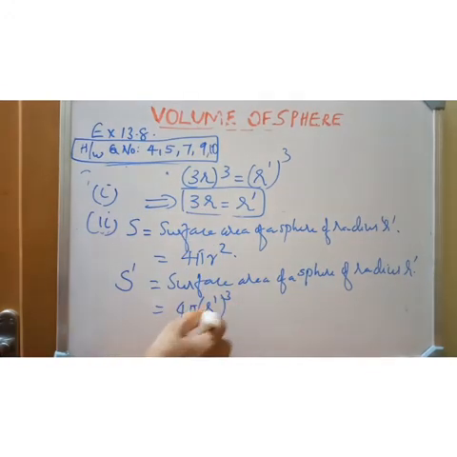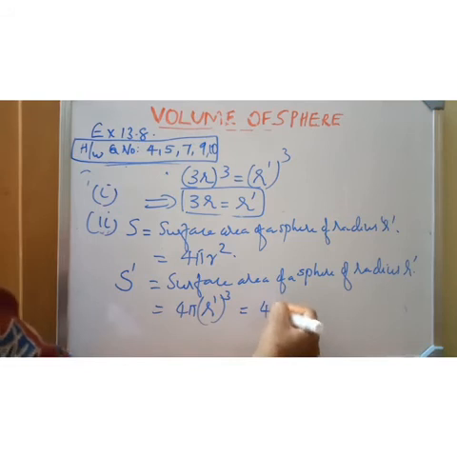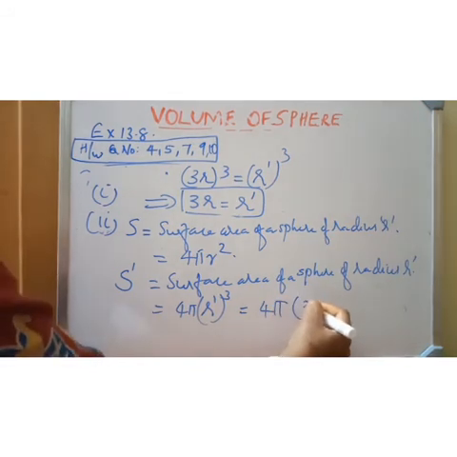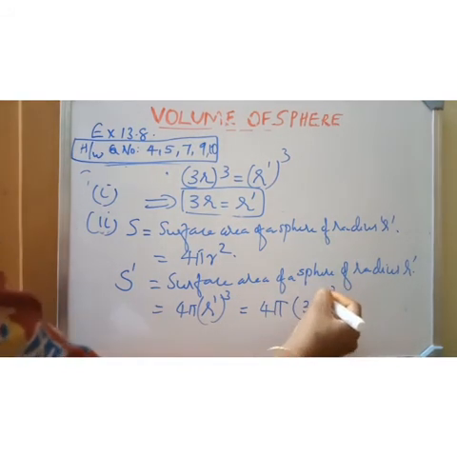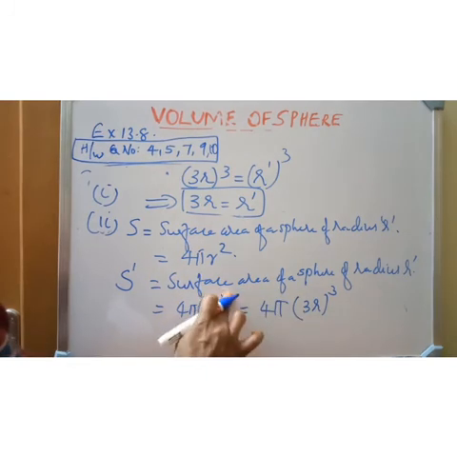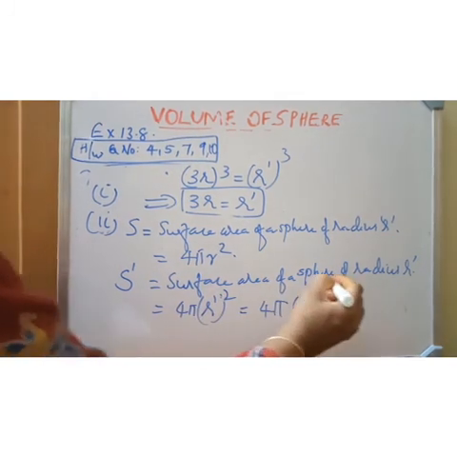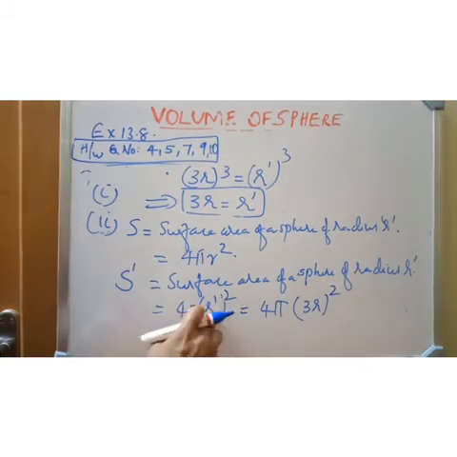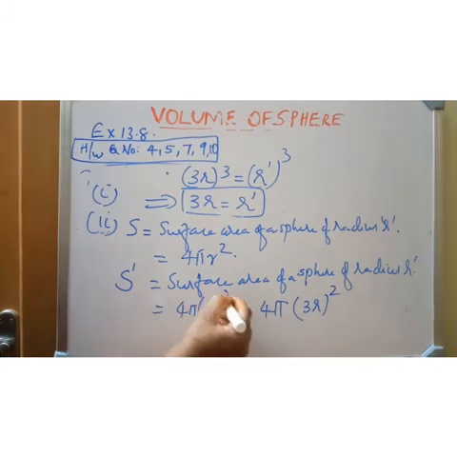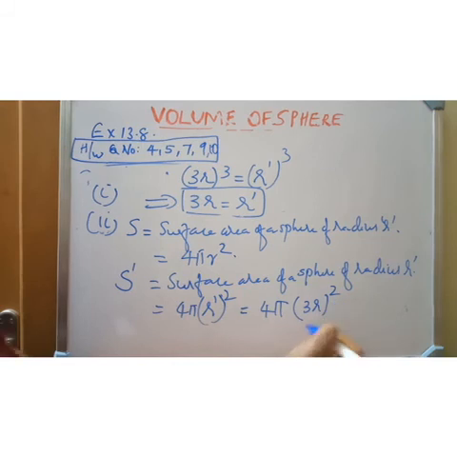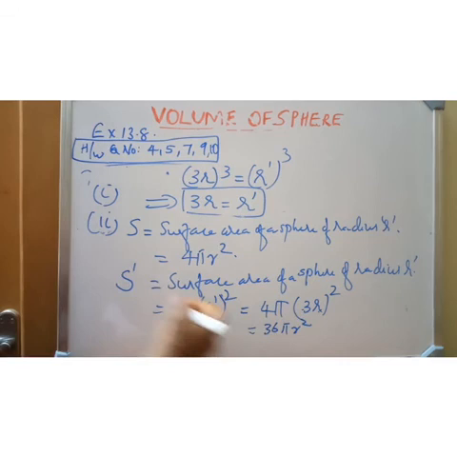So substitute here, this is equal to 4 pi into 3r the whole square, because surface area is always 4 pi r square, not volume. Okay, 4 pi r dash the whole square, that is 4 pi into 3r the whole square, that is 3r the whole square is 9r square. 9 4s are 36 pi r square. So this is S dash.